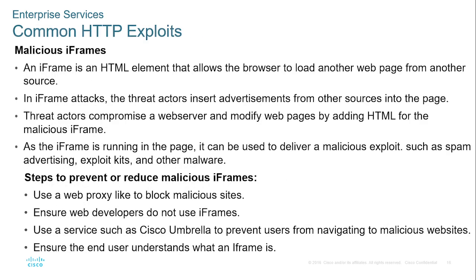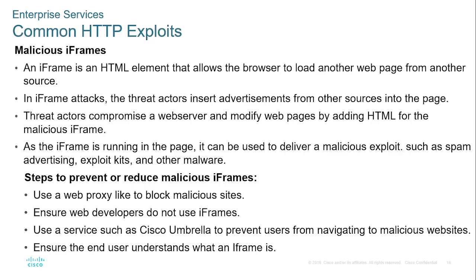So we have common HTTP exploits. Some of the common HTTP exploits, of course, we have the malicious iframe. You can embed another website within a web page, and that is possible by use of iframes. But most of the time the iframes get abused by attackers. What attackers do is insert advertisements or other sources into the page.